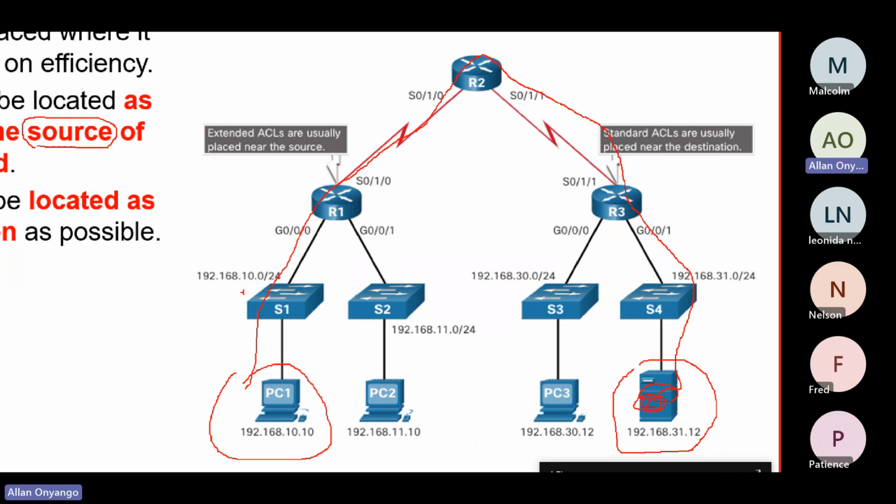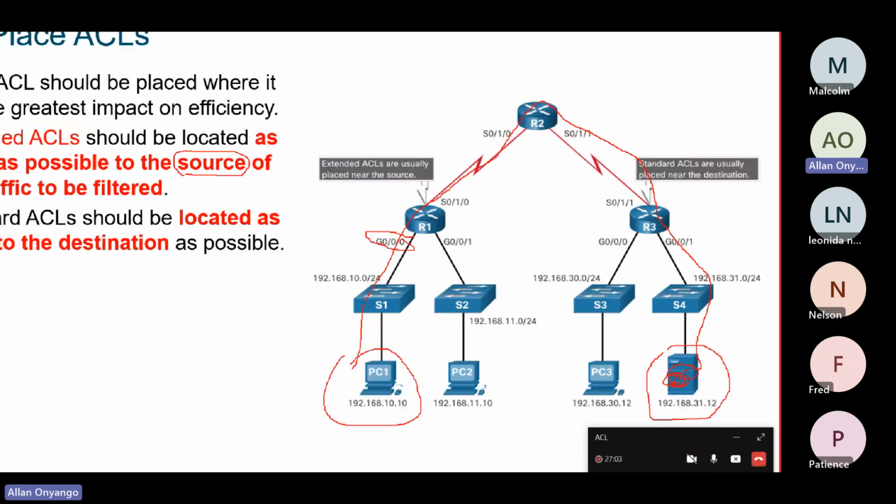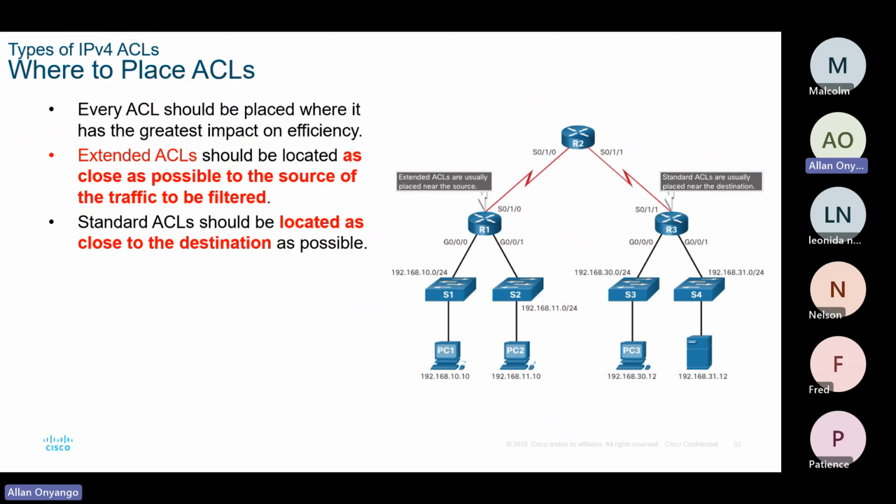The ACLs are not put on the switches, by the way, probably except in a layer 3 switch. So put it in R1. R1 is the closest to the source of the traffic. And you ask yourself which interface. You're going to put it on interface G0/0. And of course, we are going to talk about this in a while. But just know it is put as close as possible to the source.